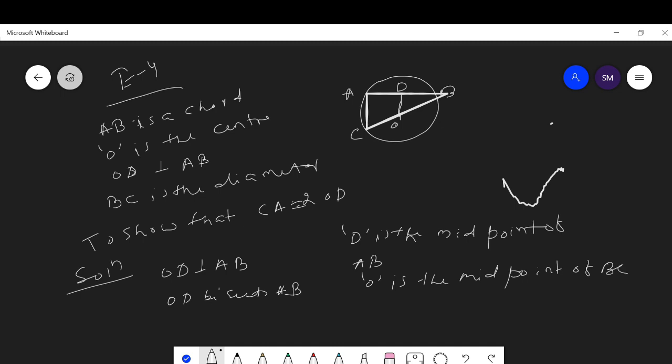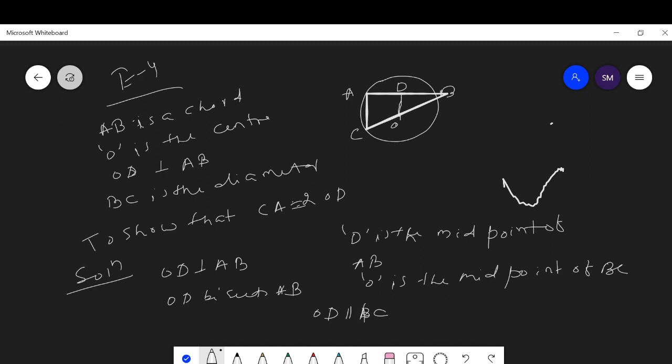Since BC is the diameter and O is the center, this means O is the midpoint of BC. And another condition is also given here. OD is parallel to AC. Here OD is parallel to AC.